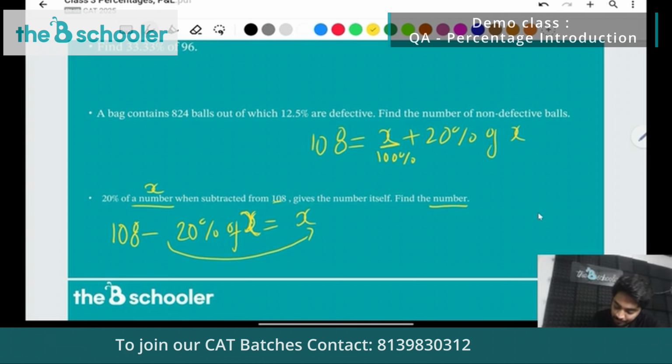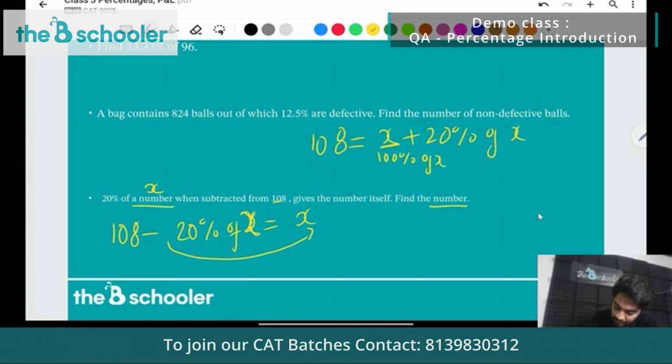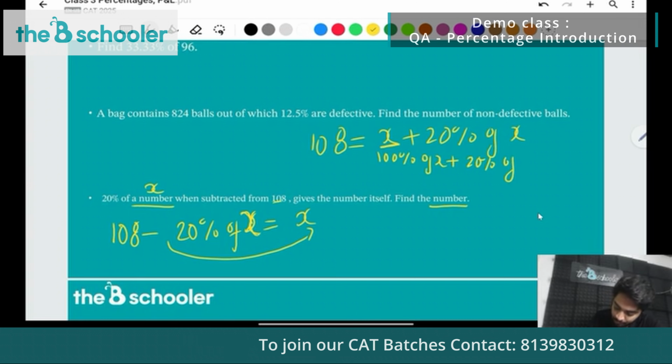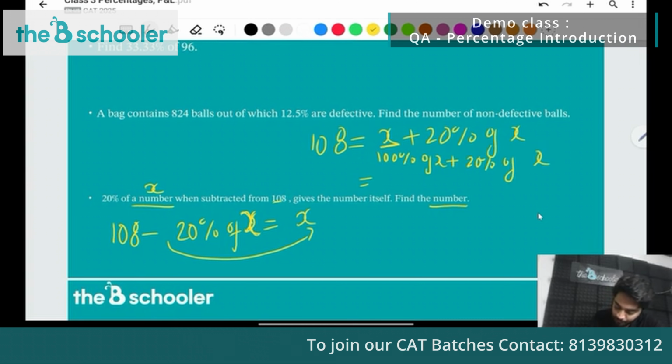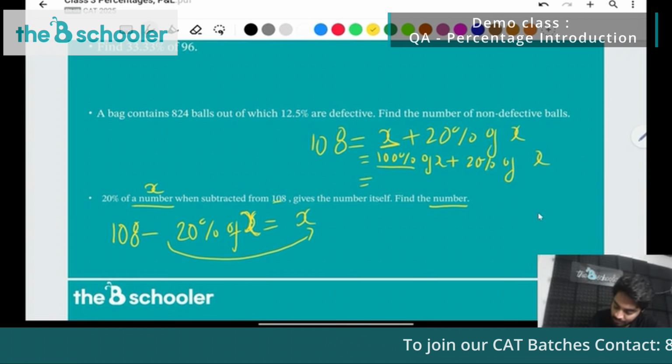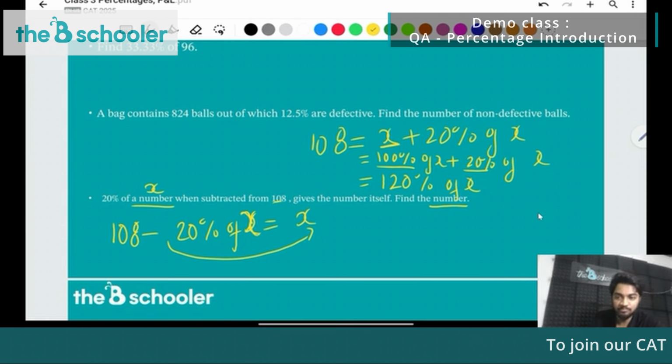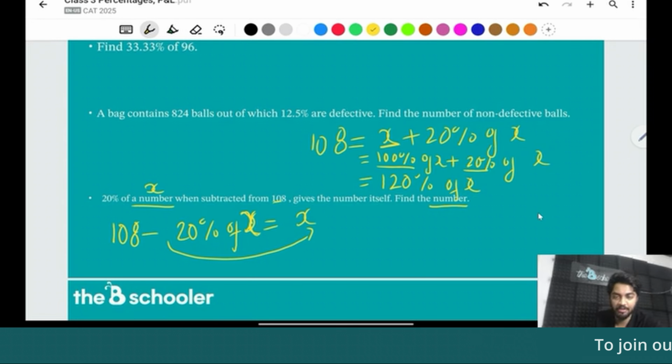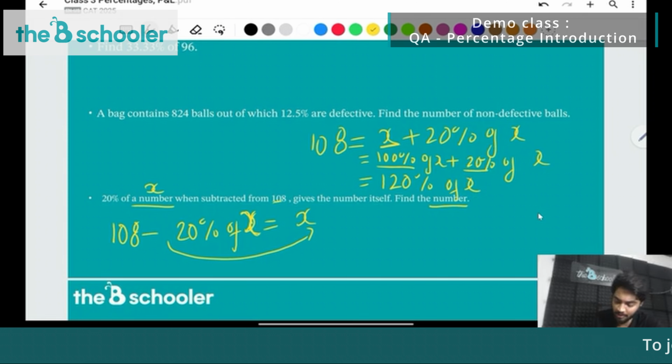Full x is 100% of x, plus the remaining 20% of x. Can we add these two and write it as 120% of x? We can do that, right?